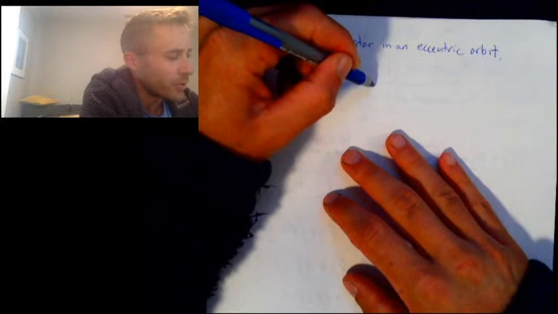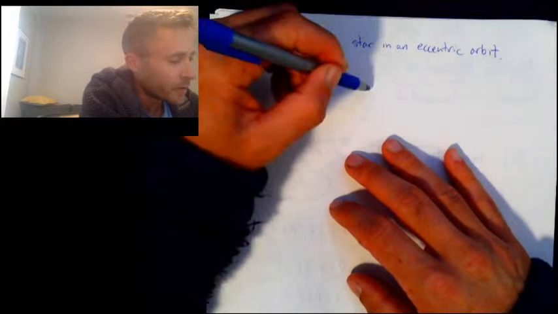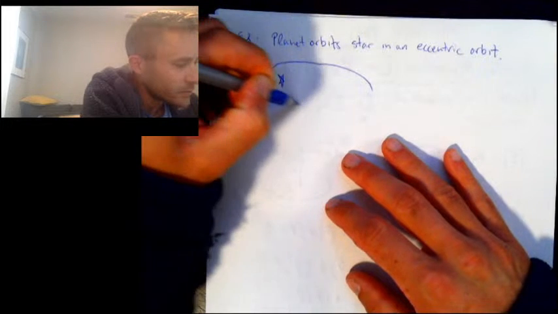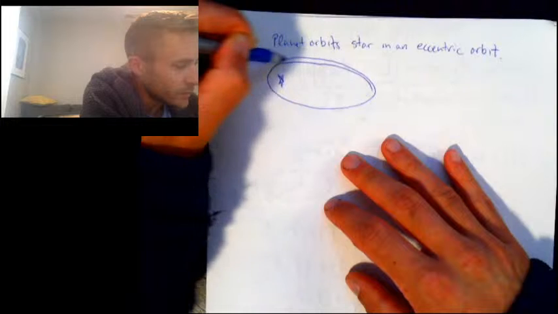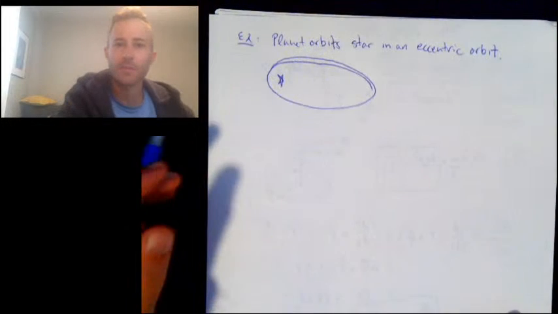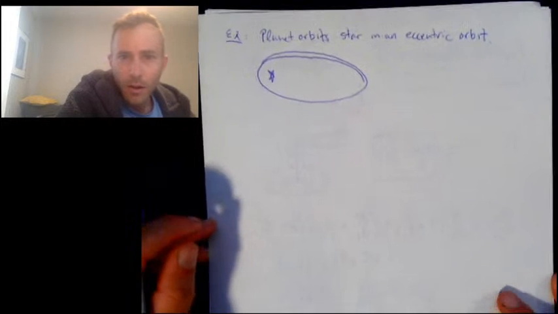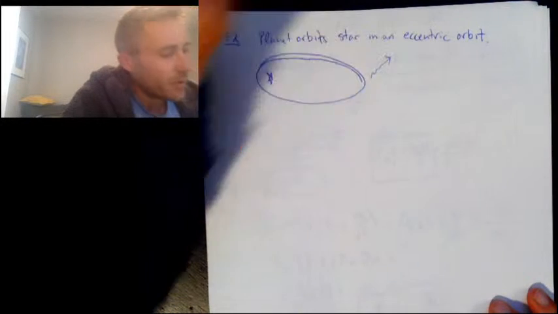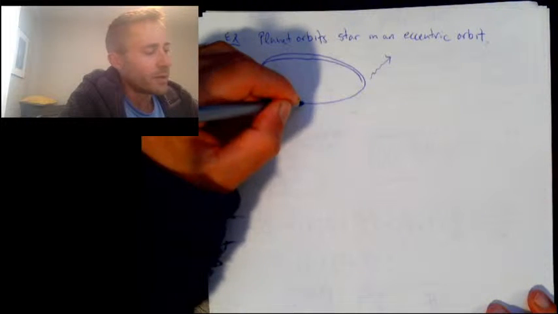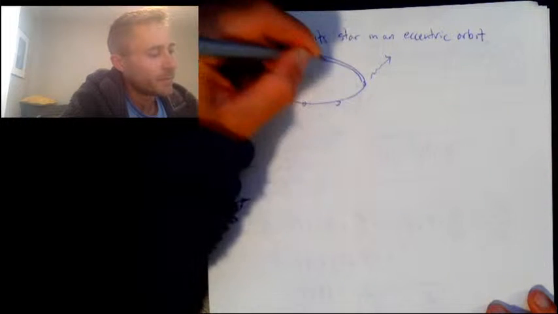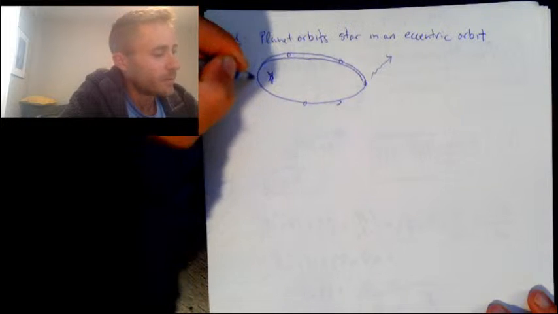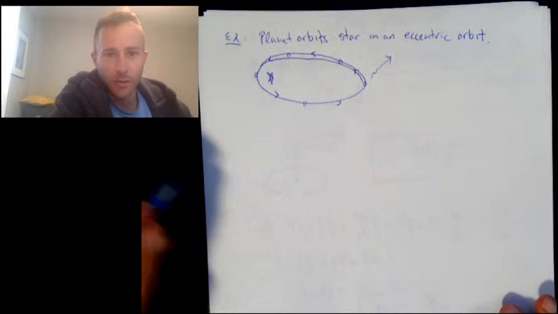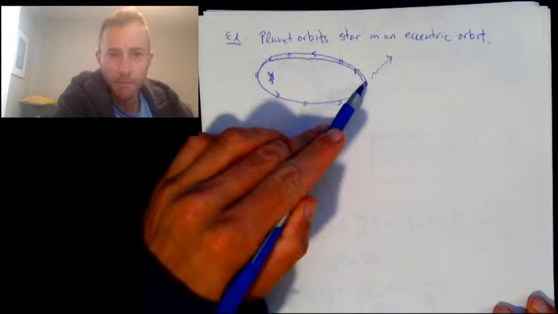Then the actual shape of a real orbit is something like this. Trying to make that as symmetrical as possible. Now the planet is going around here. The point at which the planet is farthest from the star would be this point right here.